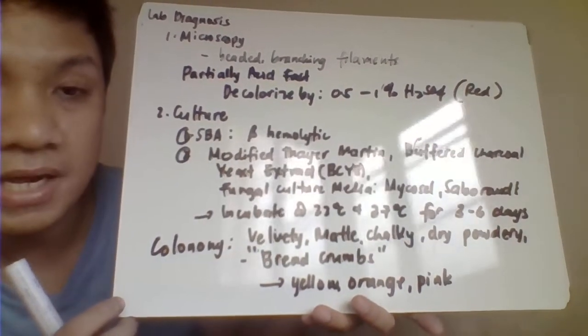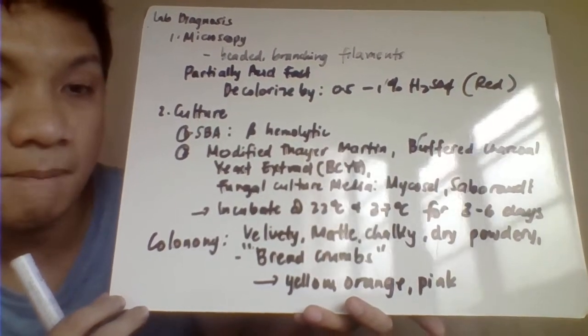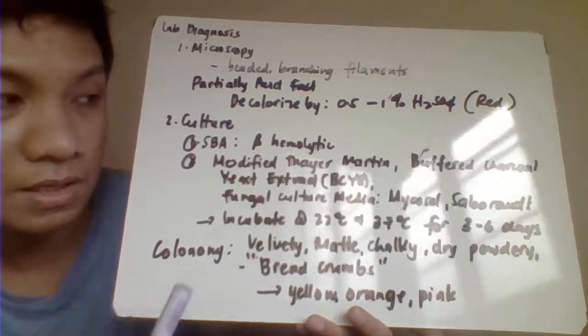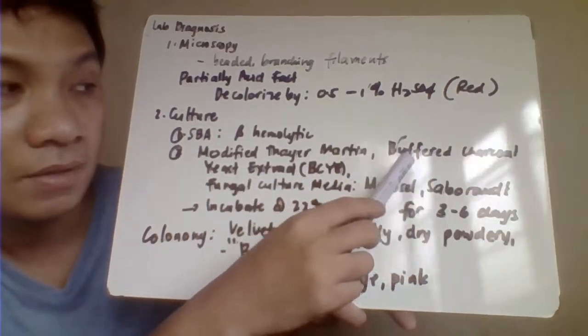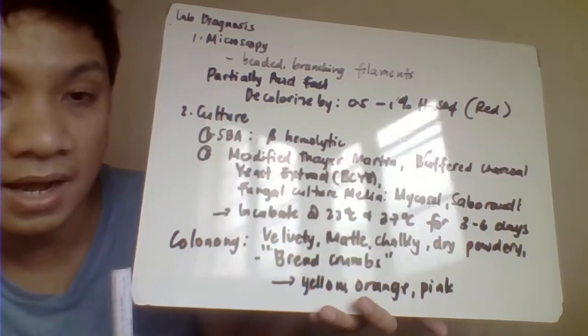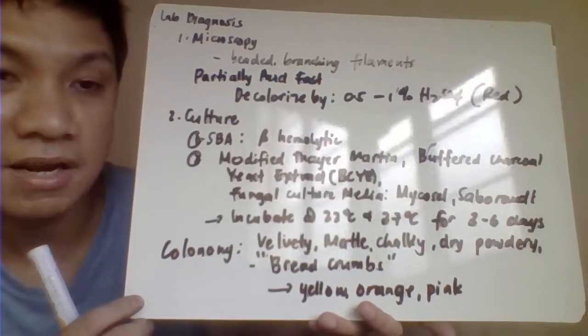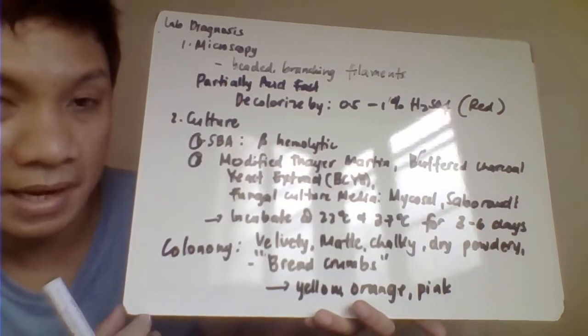Okay, culture here, so it will be able to grow in your SBA, appearing to be beta hemolytic. The best culture media for that, you can isolate that one using your modified Thayer-Martin, the culture media for Neisseria. Your buffered charcoal yeast extract could also grow on that. Mag-grow din siya sa ating mga fungal culture media like your Sabouraud agar or even your Mycosel.